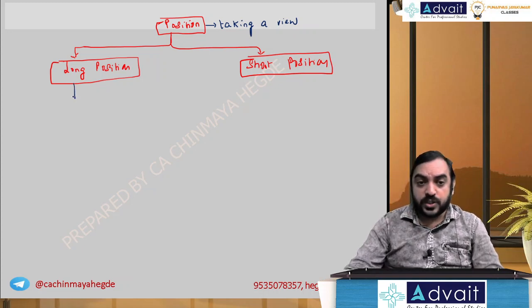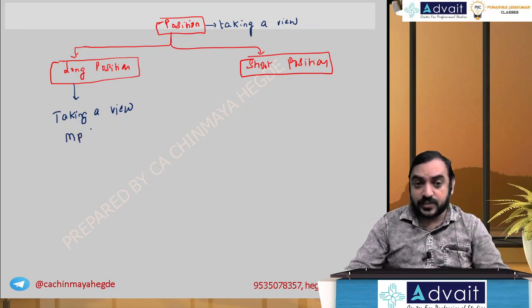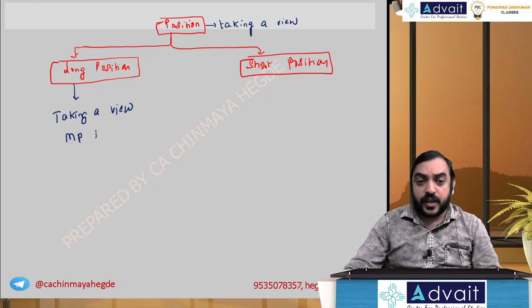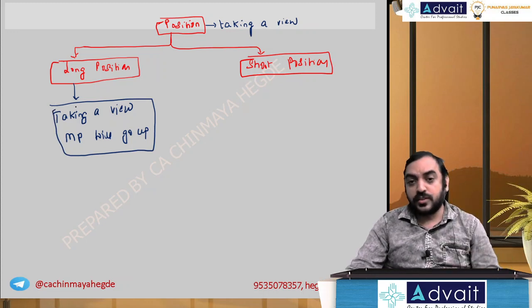So long position means taking a view that the market price of any product, any commodity, any share, any index will in general go up. That is my opinion, so I take a long position.